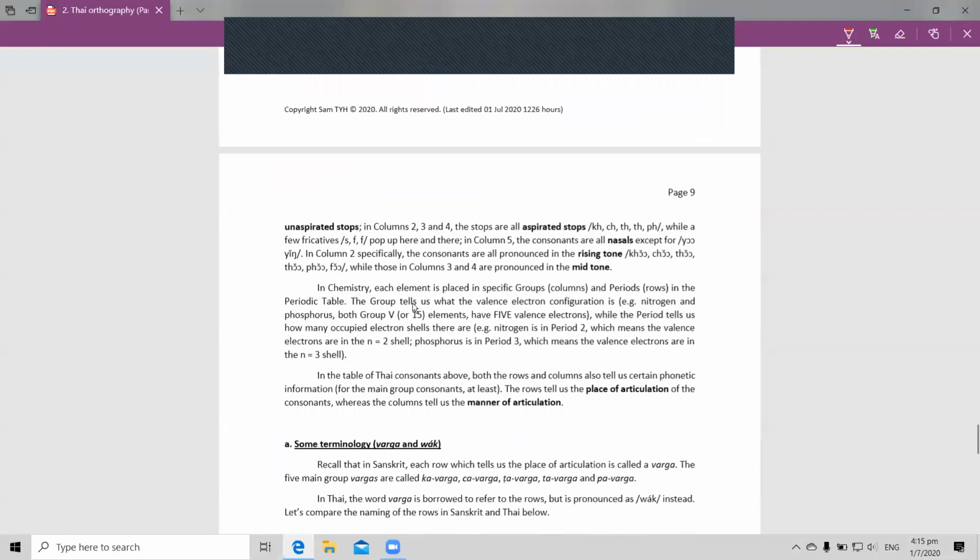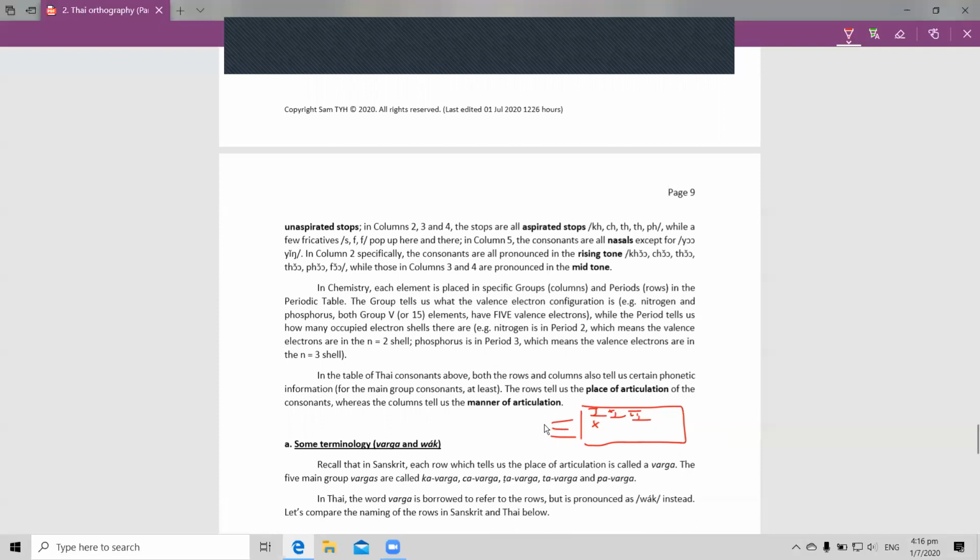So in chemistry, each element is placed in specific groups, correct? In your periodic table, we have group 1, group 2, group 3, and then we have period 1, period 2, period 3. An element belongs to a group. For example, an element belonging to group 1 will have 1 valence electron. An element belonging to group 6 will have 6 valence electrons. So the group tells us how many valence electrons there are.